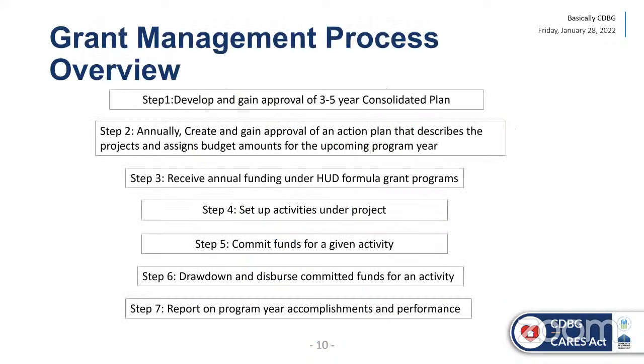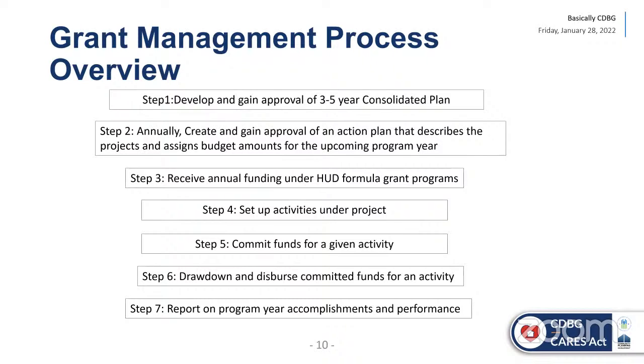Next slide, please. So let's look at the grant management process. When they become a CPD or CDBG grantee, they will develop a 3 or 5 year comp plan submitted to HUD for review. And each year, the grantee also has to submit an annual action plan, describing projects and how they want to budget their funds for the projects.